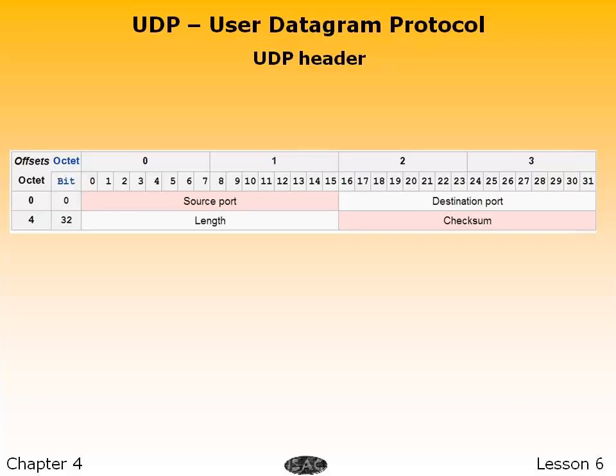Potentially more seriously, unlike TCP, UDP-based applications don't necessarily have good congestion avoidance and control mechanisms.